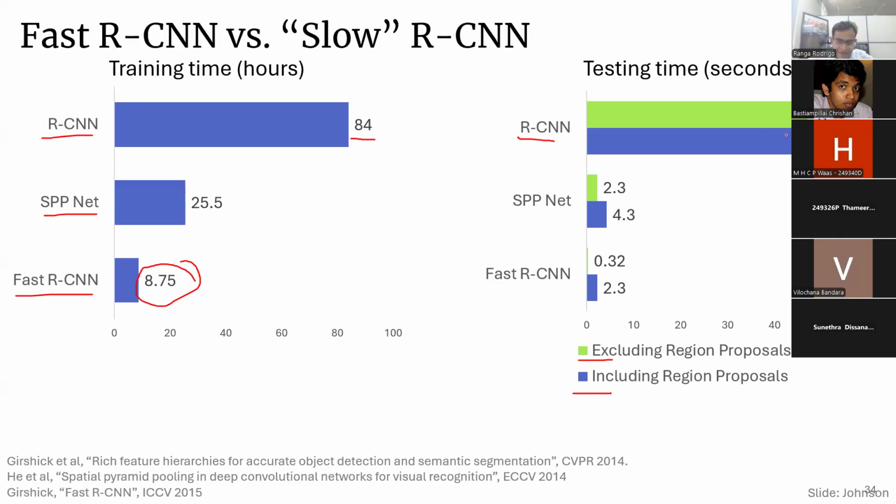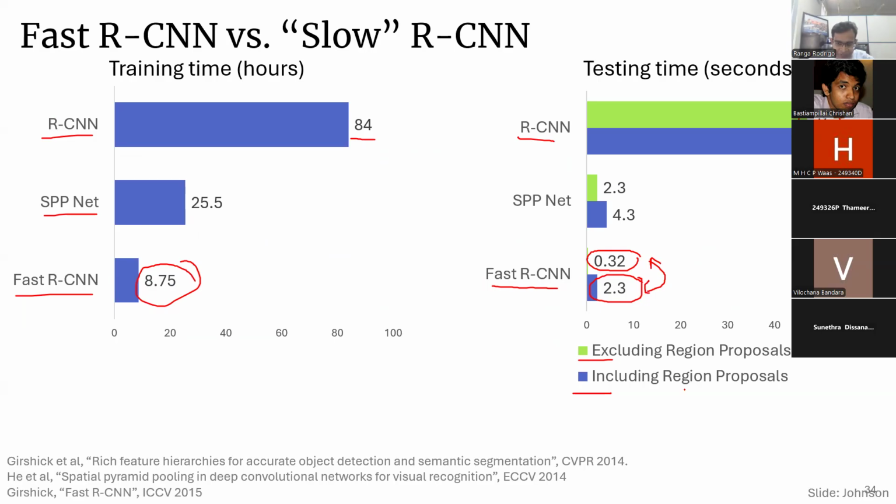You can see SPP net, and in the fast RCNN, excluding region proposals takes this much time, including region proposals takes this much time. Here you can see the time difference is huge, because the time has become smaller.